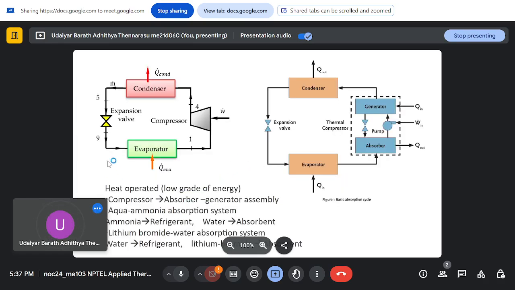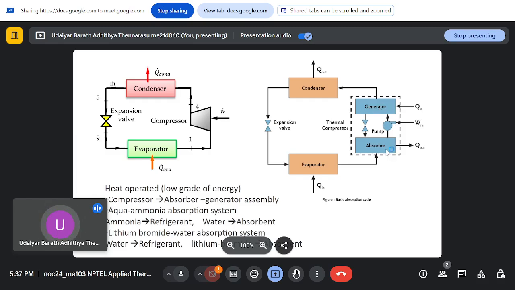If you are replacing that with a thermal compressor, this is how a thermal compressor looks. In this case, you have an absorber, pump, generator, and a valve. The fluid coming out of the evaporator gets absorbed in the absorbent, which is pumped to a generator.